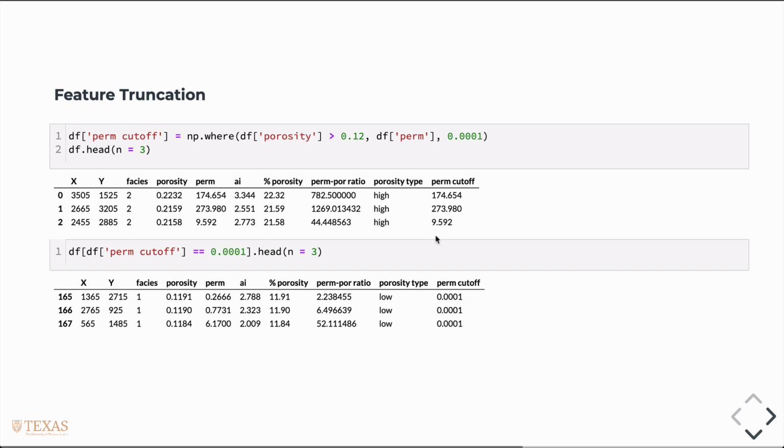And again, what I'm doing here is just showing you the first 3 where the porosity value was high, the permeability is simply passed through. And the first 3 where the porosity value was low, we cut off the permeability to a very small number. Again, this is just an example.